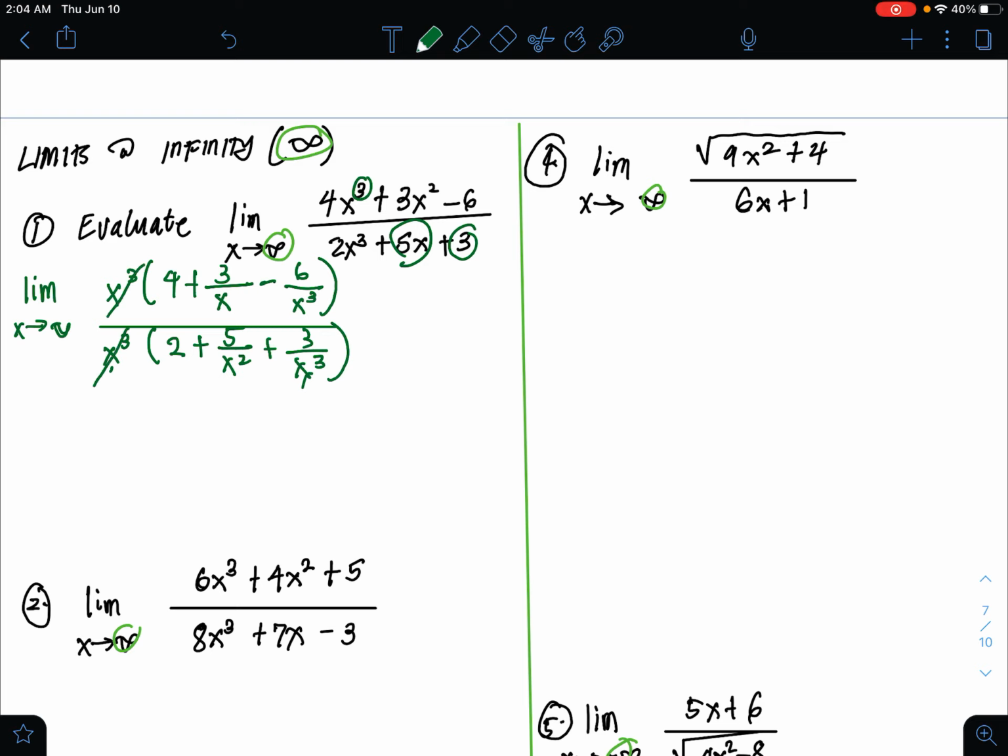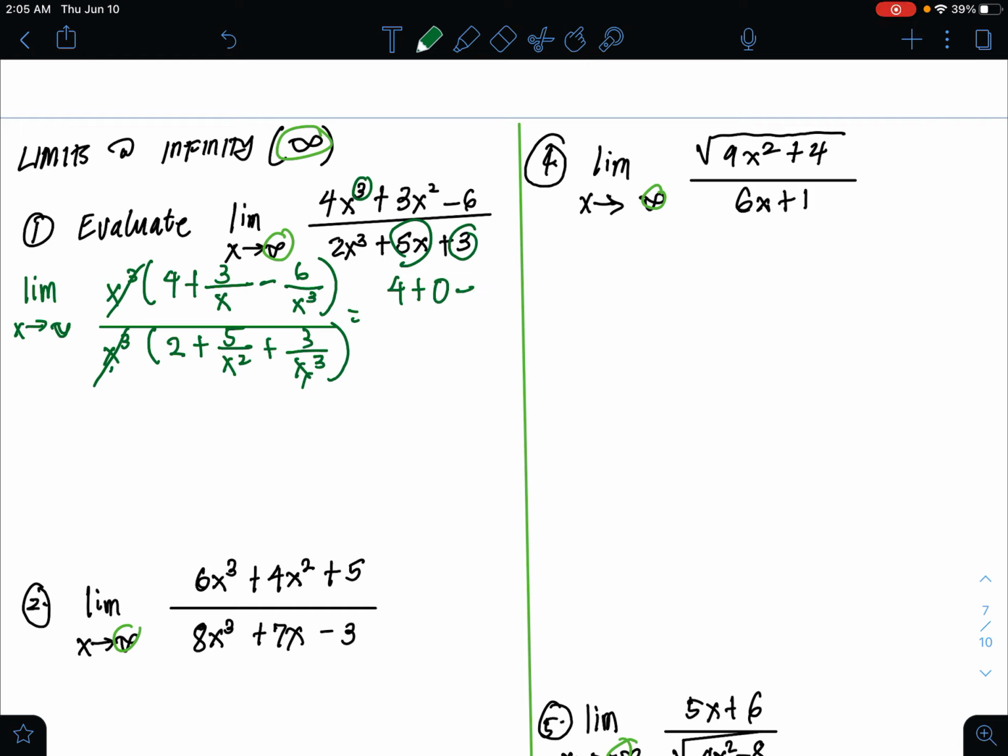What remains is 4 plus, as x approaches infinity, 3 divided by infinity. As the number gets bigger, it approximates 0. So 3 divided by infinity is equivalent to 0.